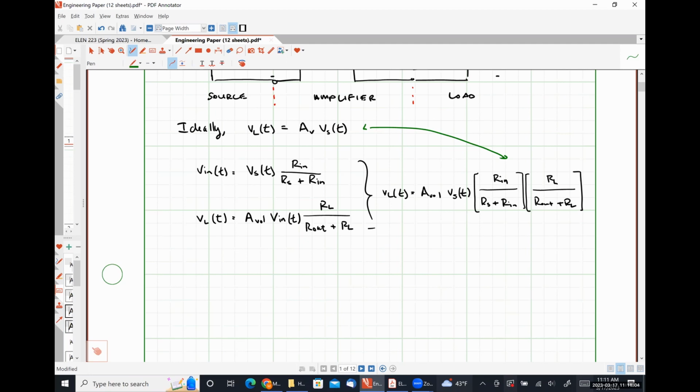So what value of Rn makes this part look like 1? How large? Infinitely large. Absolutely right.